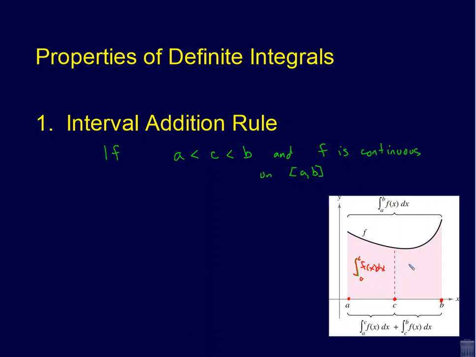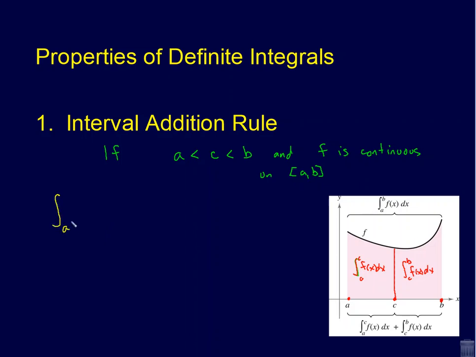And then take the integral value from c to b, adding those together because they're just adjacent to one another here, they overlap here at c. If I just add those together, that would be the same thing as me asking what's the area all the way from a to b, which would be the integral from a to b.